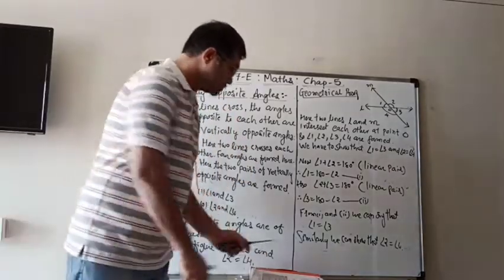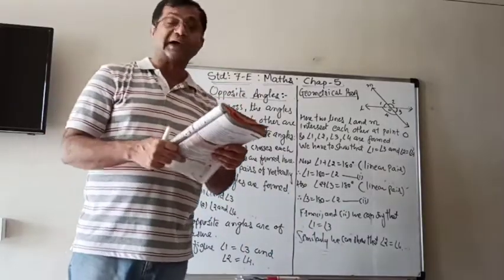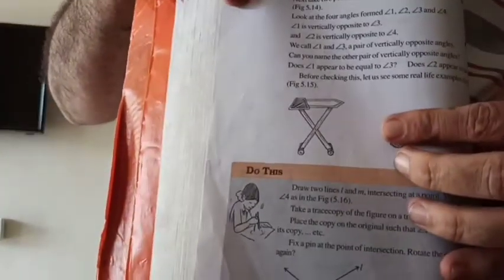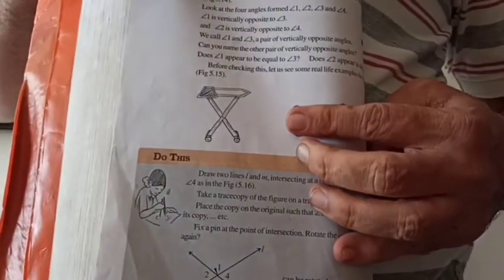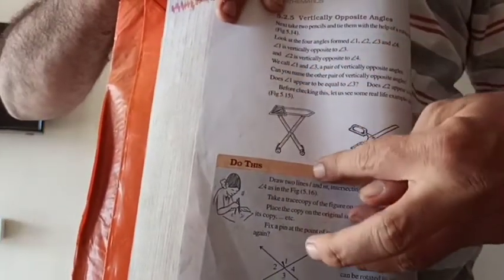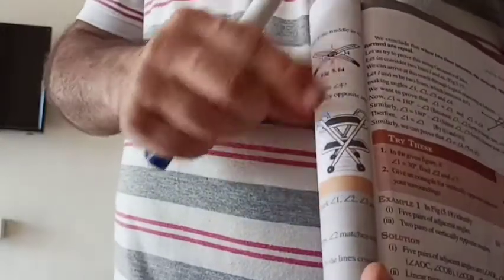Similarly, if you have an ironing board like this, or any other tables, the legs sometimes cross each other.